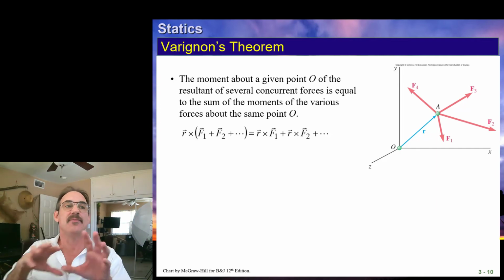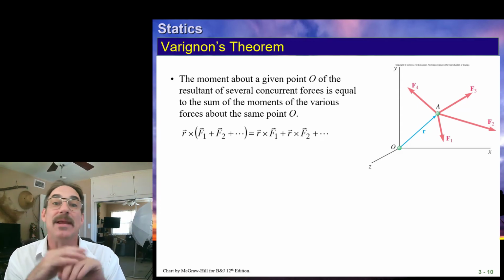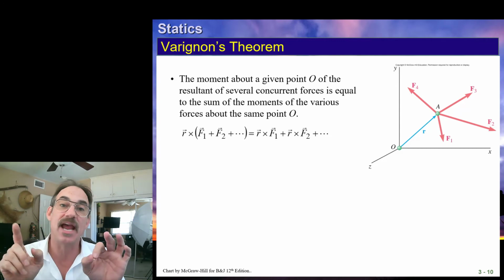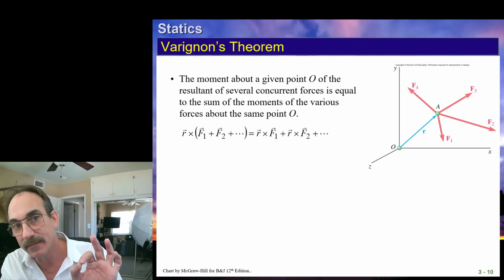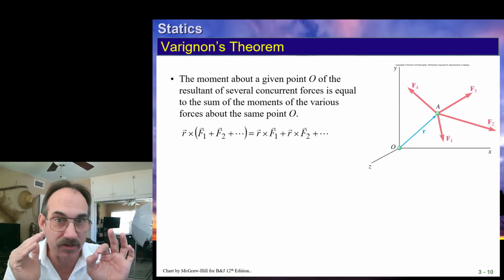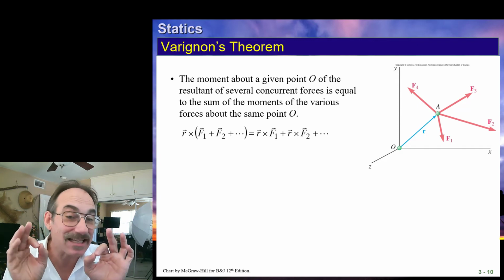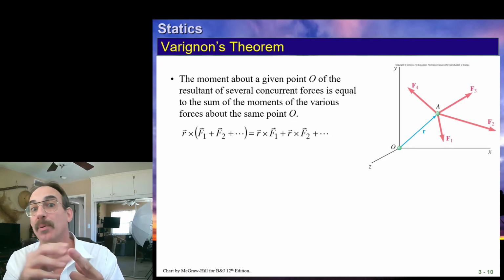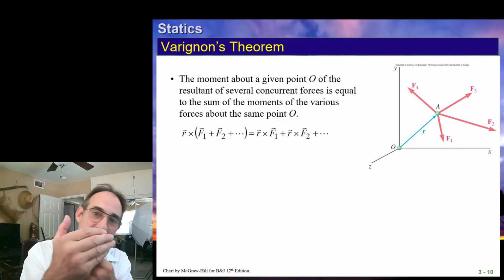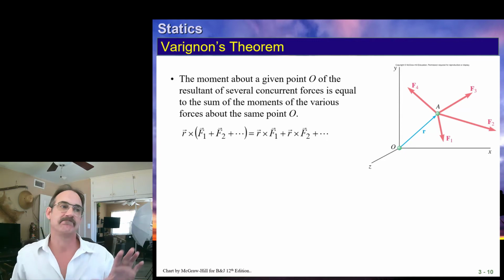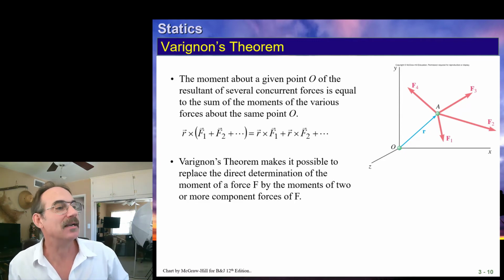So if we take all these forces, F1, 2, 3, 4, and add all the components, Fx in I, Fy in J, Fz in K, and take R crossed with that equivalent vector, that gives us the exact same moment as R cross F1, plus R cross F2, plus R cross F3, plus R cross F4. Seems pretty obvious, but that's what it says.